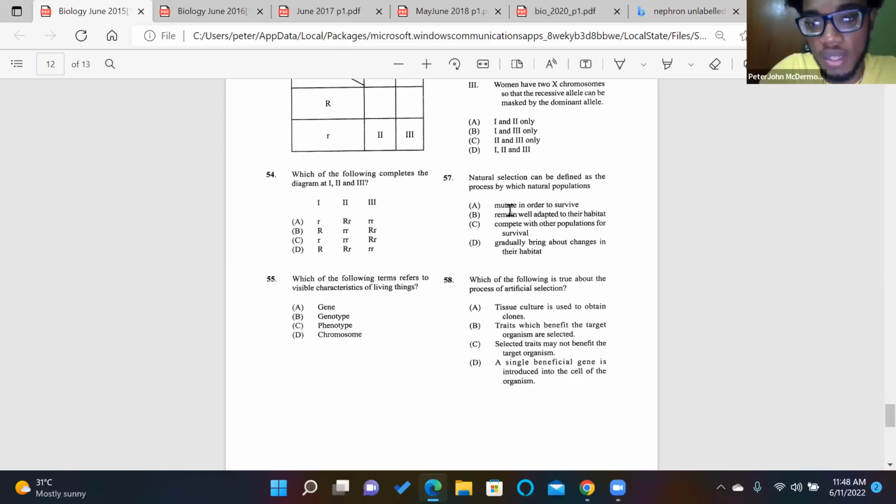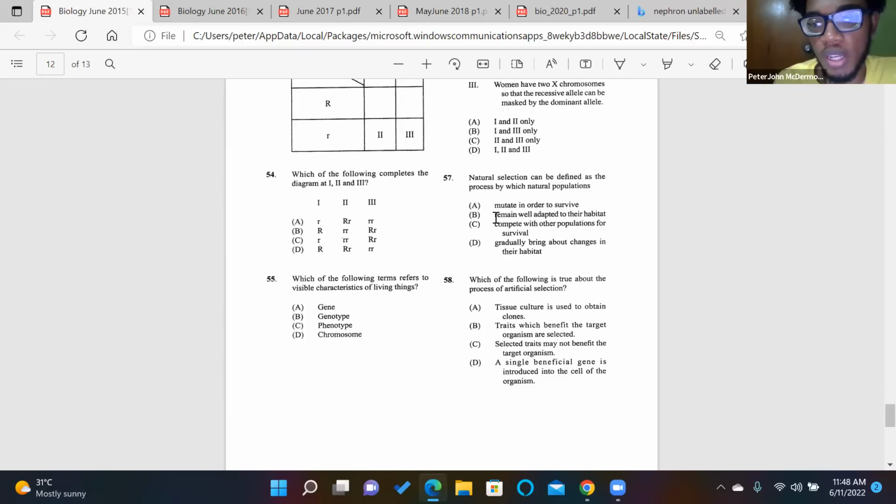Natural selection can be defined as a process by which natural populations remain well adapted to their habitat, compete with... what's natural selection, guys? You said B or D? B, sir. B, remain well adapted to their habitat. So let's look. Organisms mutate in order to survive or remain well adapted.